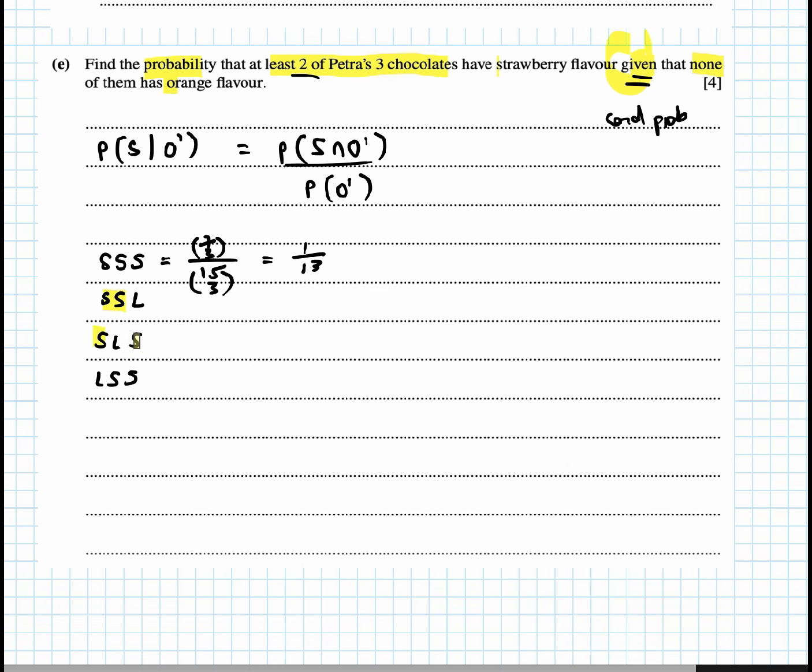Let's do the next 3 just as a single calculation. So you've 7 strawberries, so 7 choose 2, times 3 choose 1, all over that total again. So what are we dealing with here? We're doing 2 strawberries and 1 lemon in whatever order. So we get 9 over 65, and add them together, you get 14 over 65.